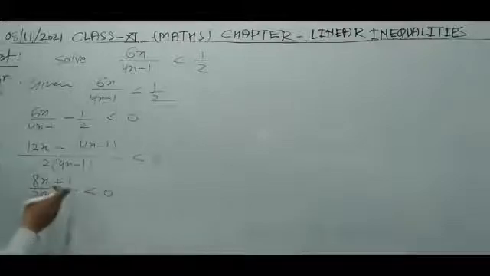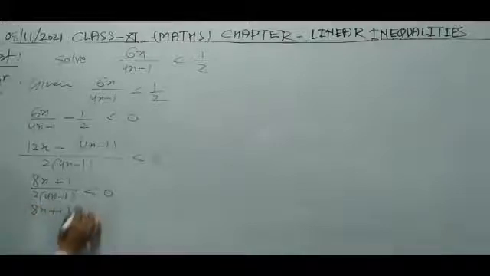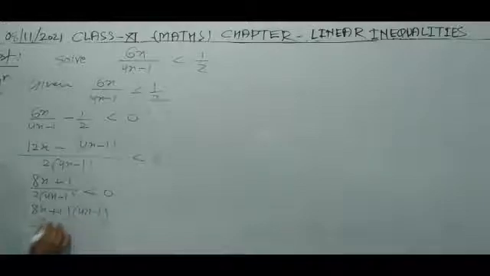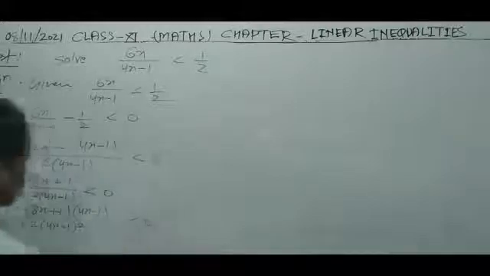Now we have to rationalize by 4x minus 1. So 8x plus 1 into 4x minus 1 whole upon 2 times 4x minus 1 whole square is less than 0.